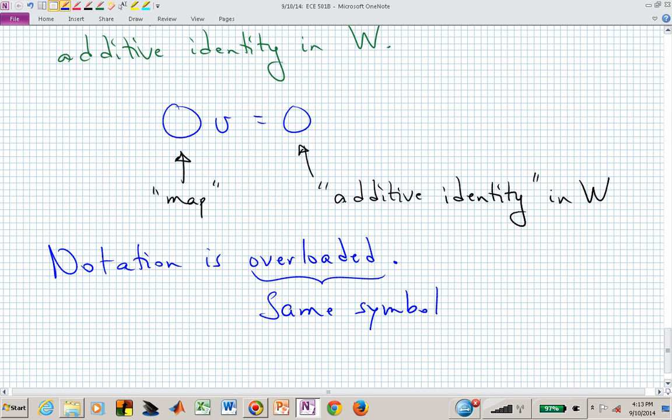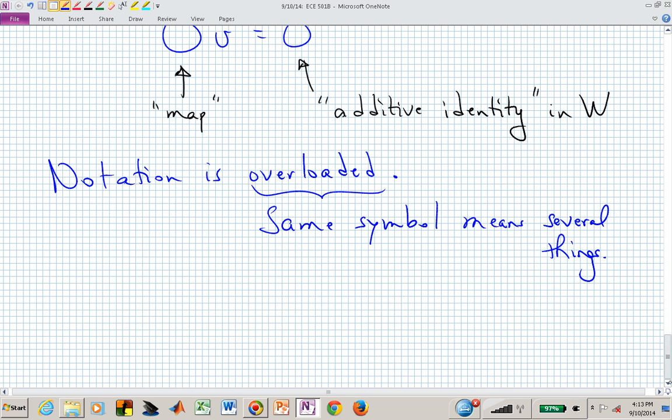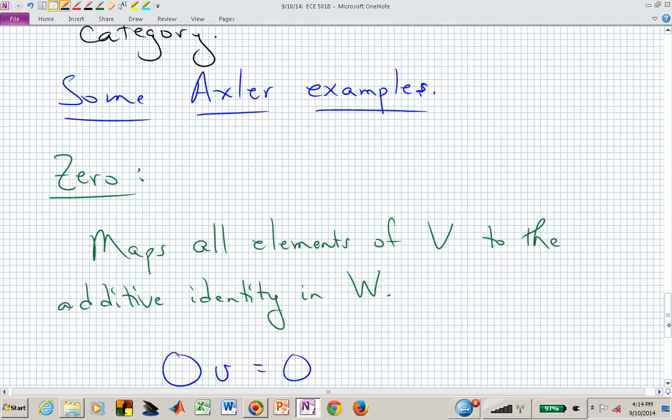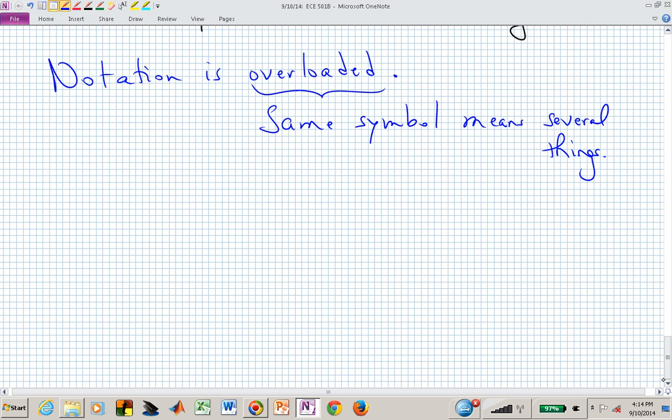And a scalar, correct. It could be a scalar in our field of numbers. So the same symbol means several things. And hopefully it's clear from the context. We said examples. That was one example, the zero map. Let's look at some more. That one wasn't too difficult to think about other than the overloaded notation.